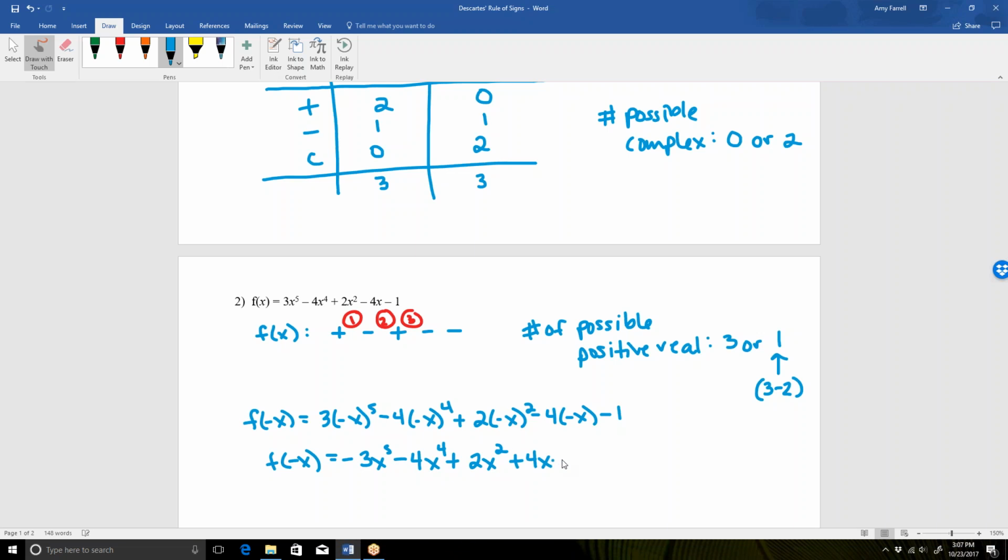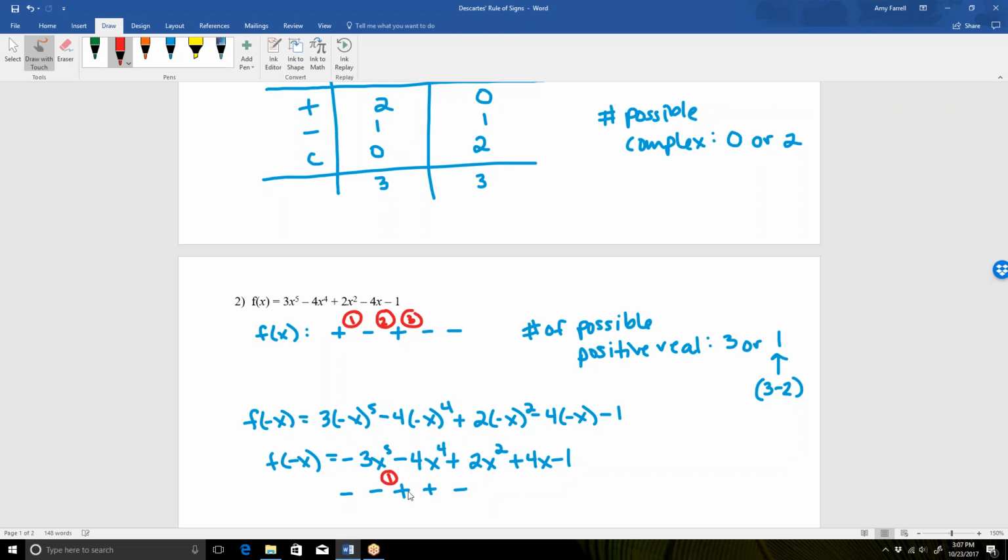Plus 4x minus 1. And I'm going to do the same thing where I look at the signs. So negative 3, negative 4, positive 2, positive 4, negative 1. And I'm looking at the number of variations of sign. Negative to negative is not a change.